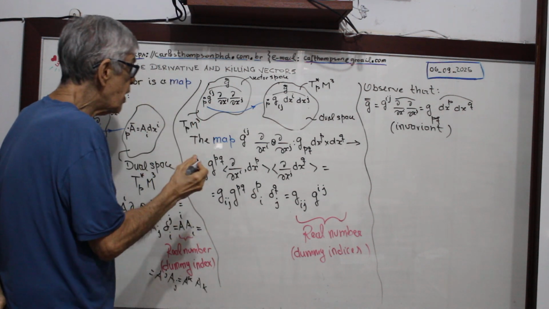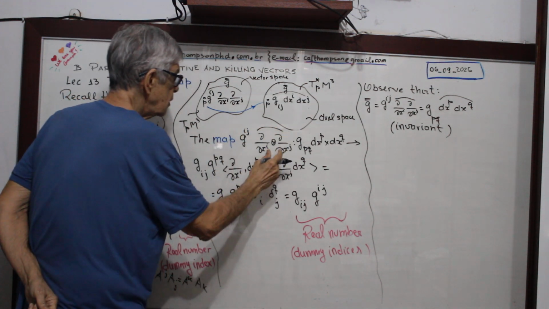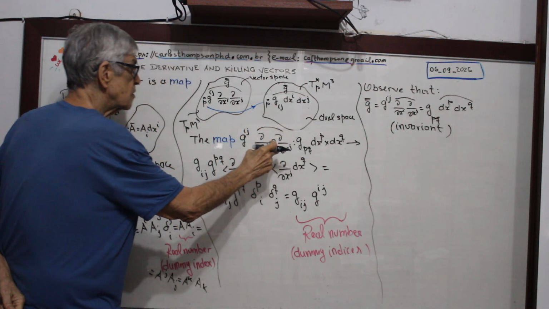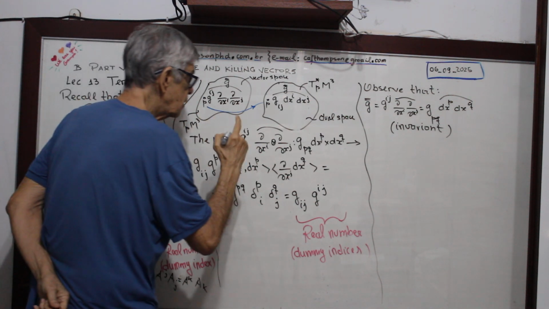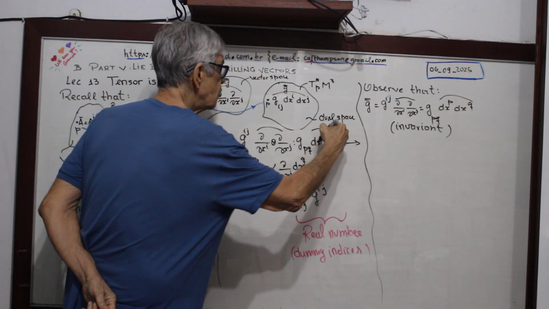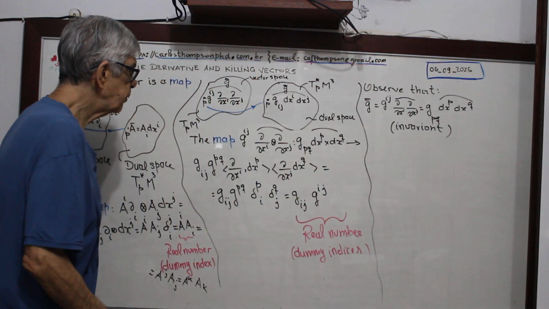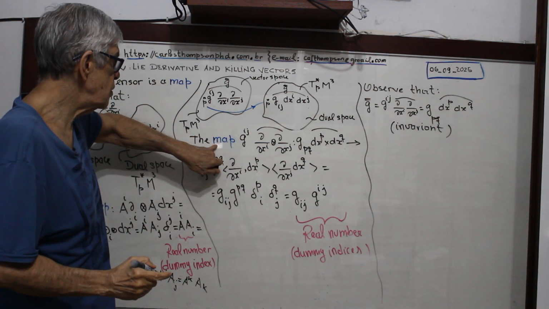Now, let's apply the map. These are the basis of the tangent vector space, and this one is the basis for the dual space. So we apply the map here.